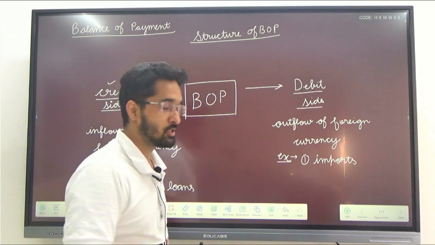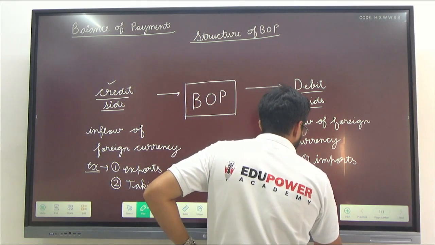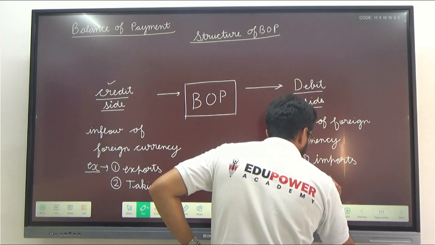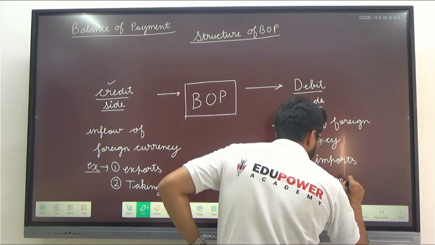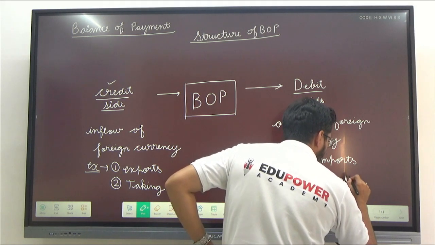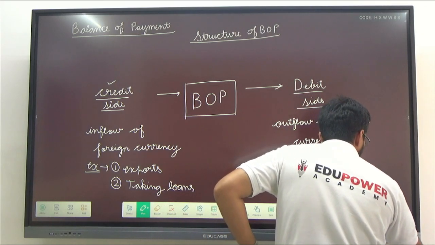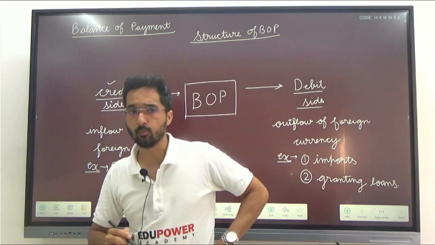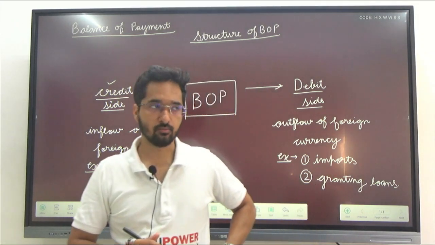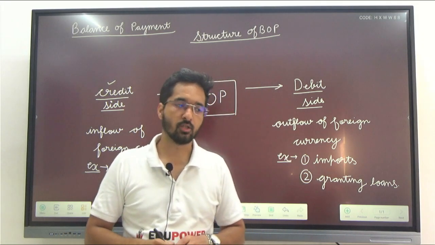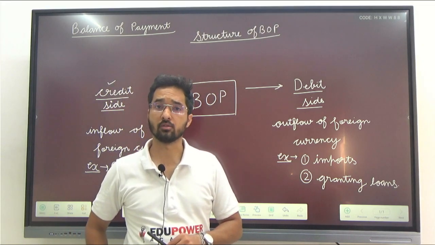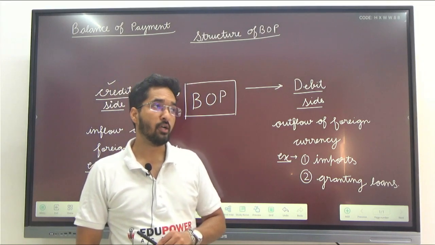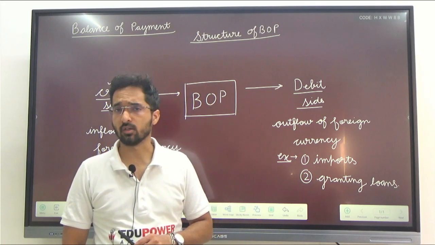Okay. Next is granting loans. So suppose we have our neighbor Pakistan, and suppose there is some economic problem going on in Pakistan. So India needs to give a loan to Pakistan.